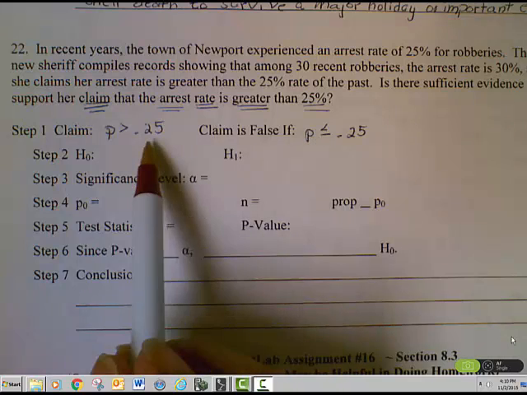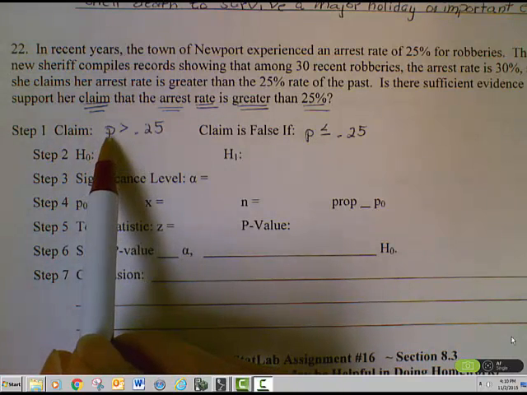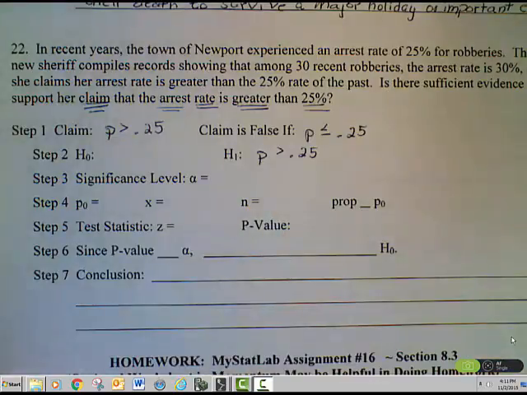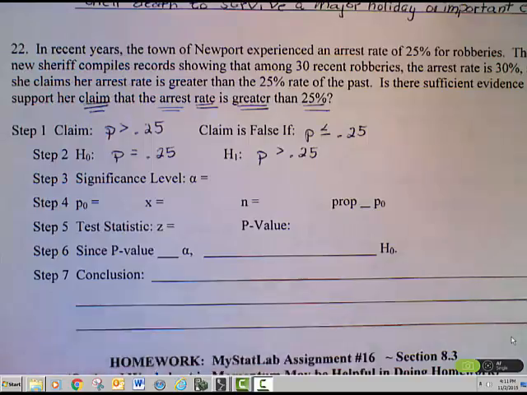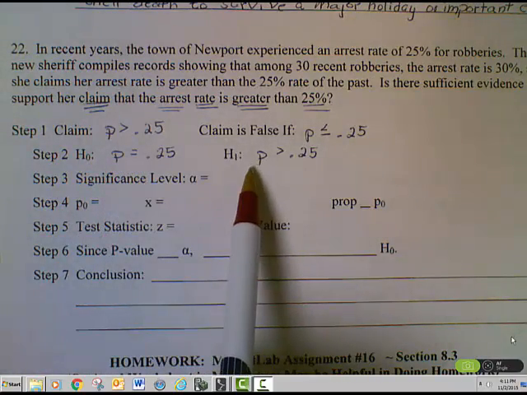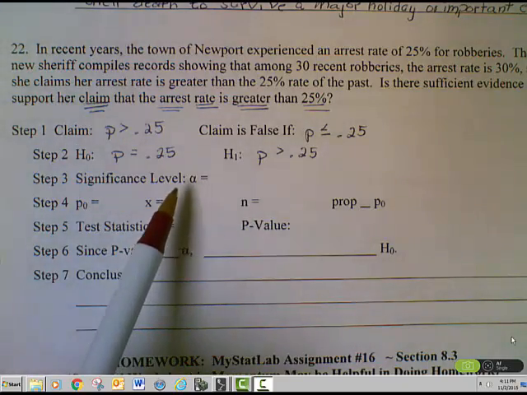So the one of these two statements that does not have the equals is your alternate hypothesis. P is greater than 0.25. And your null hypothesis always has the equals in it. So the null hypothesis is that P equals 0.25. The alternate hypothesis is that P is greater than 0.25.